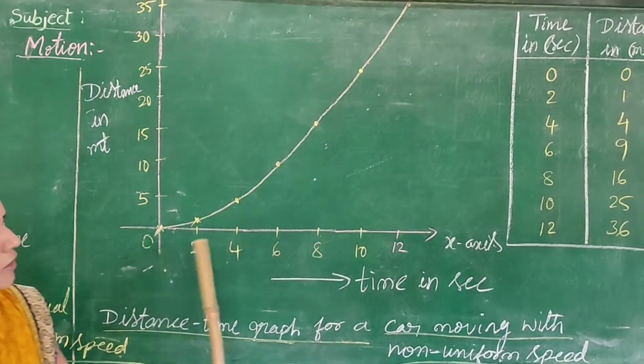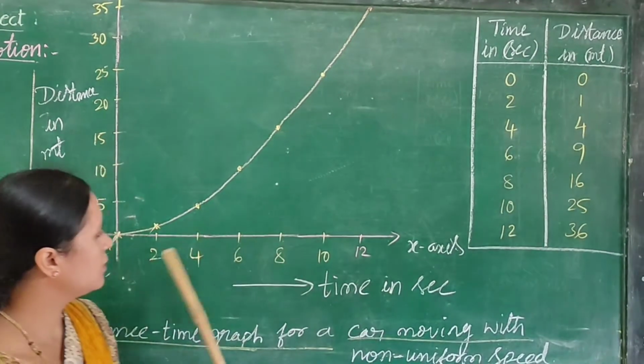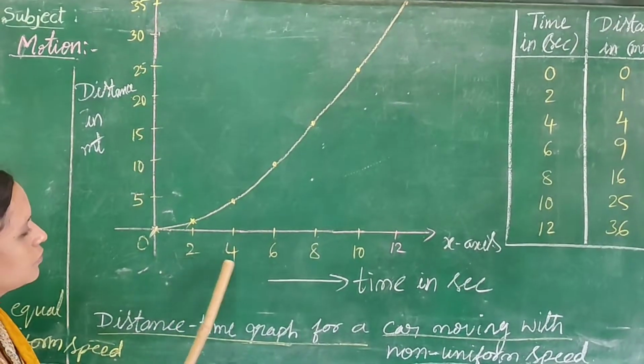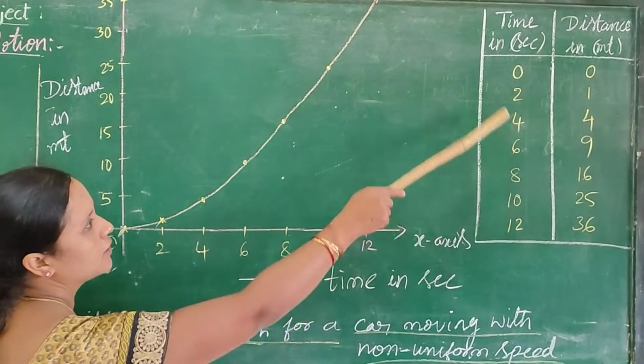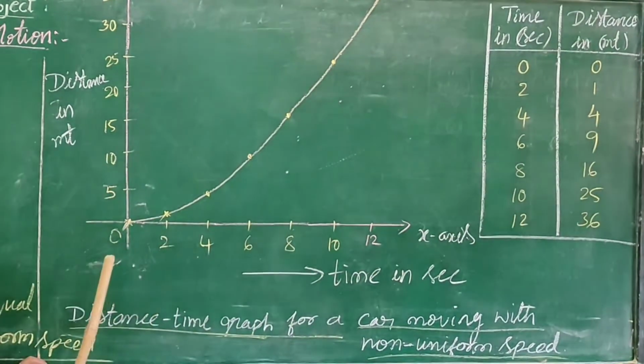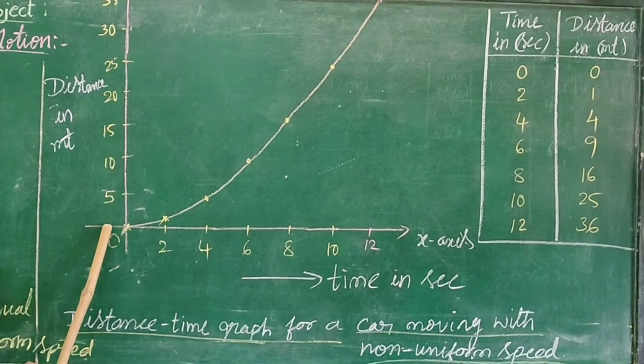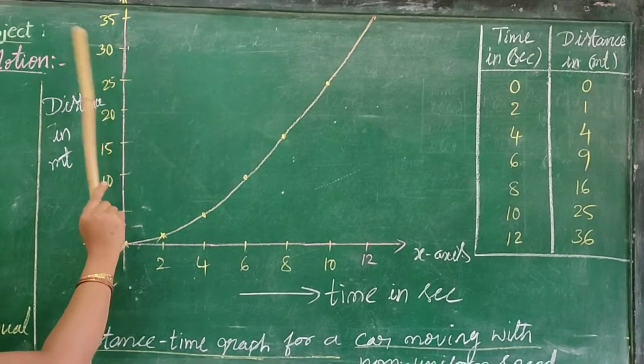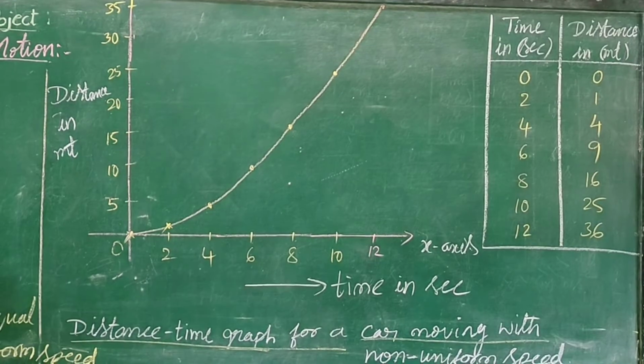According to our convenience, I will take the time as 2, 4, 6, 8, 10, 12, and the distance on the y-axis as 5, 10, 15, 20, 25, 30, 35, etc.